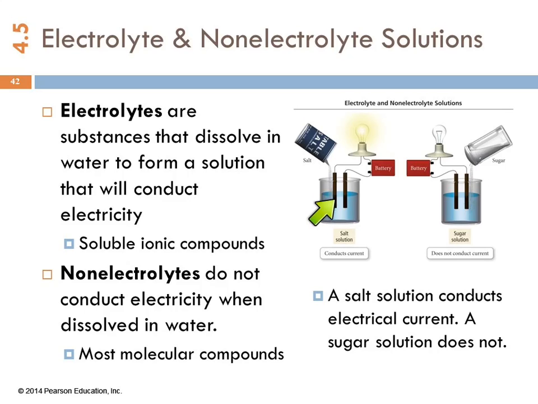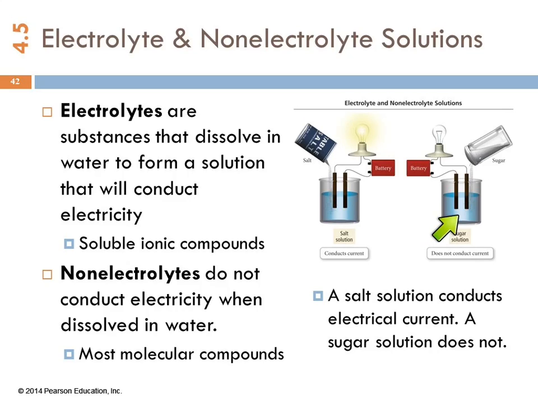Here's an illustration. Of course, looking at the picture isn't nearly as fun as looking at an actual demonstration, but I don't know where they keep these sorts of things, so we'll have to look at the pictures. If you put table salt into water, it will conduct electricity and the light bulb will glow.